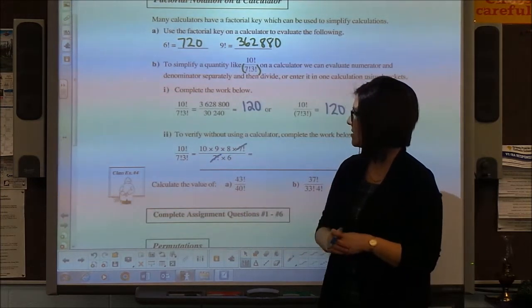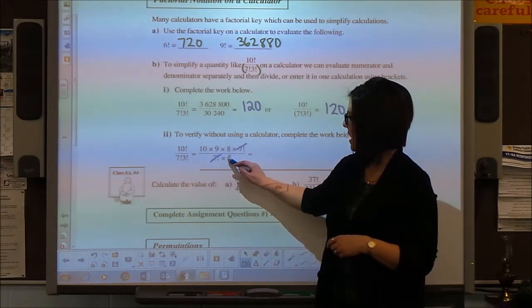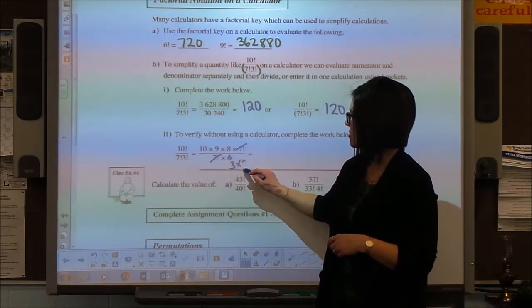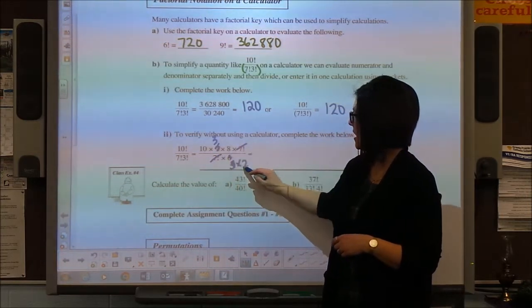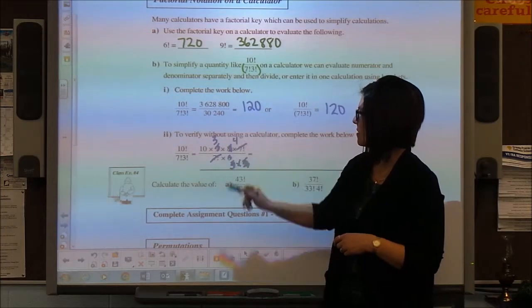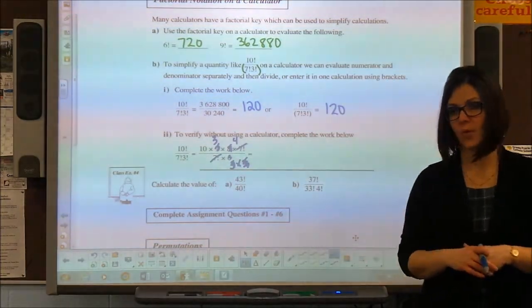So the 7 factorials cancel out. With this, I can go 6. See, I would have left this probably as a 3 and a 2. Because then the 9 divided by 3 would give me 3. 8 divided by 2 would give me 4. And I have 10 times 3 times 4, which is still 120.